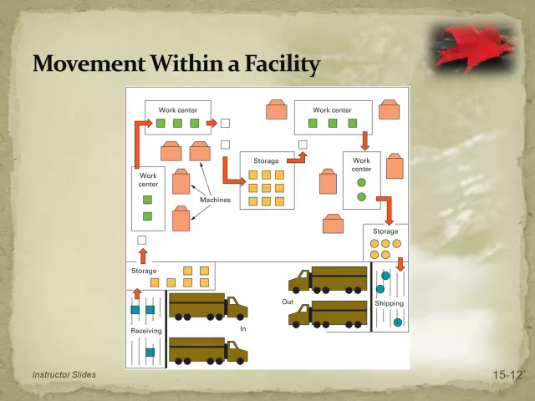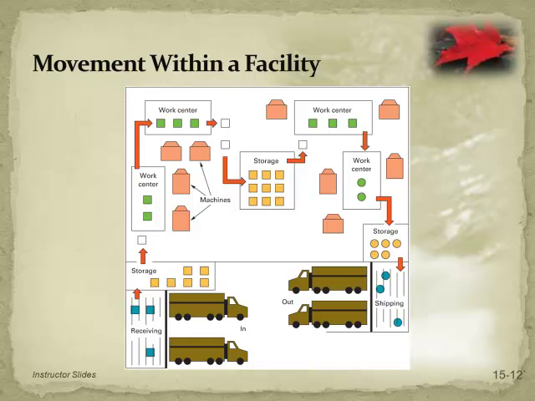As materials move from one work center to another work center, those work centers could be located a significant distance apart from each other. So it could take some special material handling equipment, some forklifts, or other equipment necessary for moving that around.